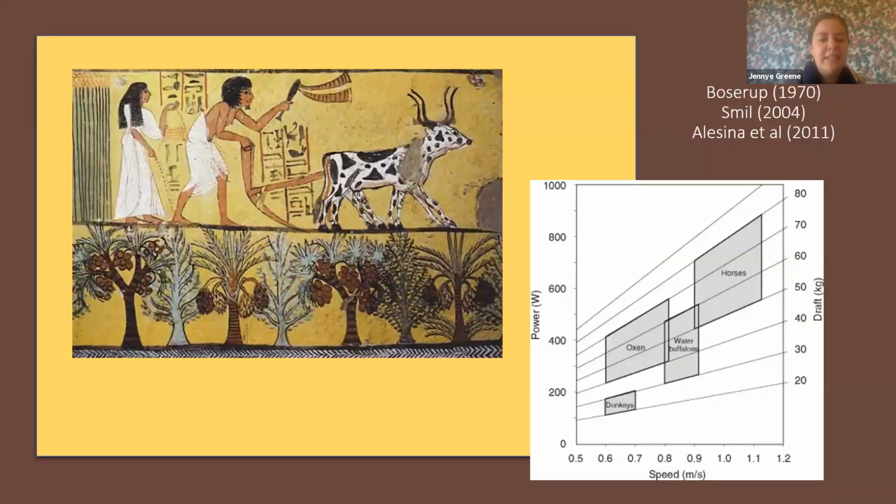So here you can see there's an ancient Egyptian painting of a man plowing with some oxen, I guess, and a woman walking behind him. And I just wanted to point out that the plow and draft animals was a real energy revolution. The invention of the plow and harnessing animals allowed people to increase by like a factor of 8 the amount of energy that got translated onto the field where they were growing their crops.